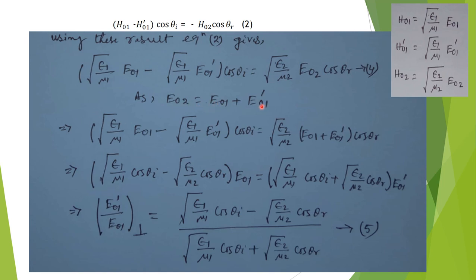As also we know, e02 is equal to e01 plus e dash 01, which is the continuity condition.